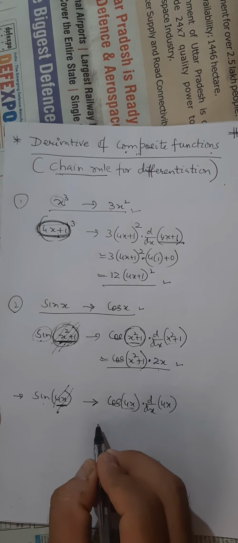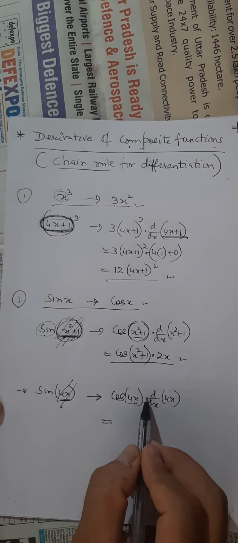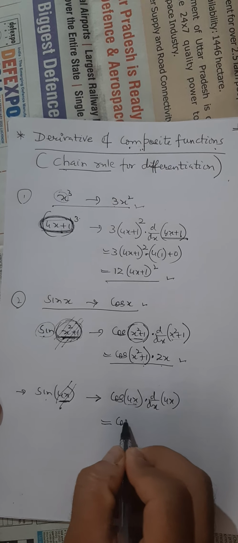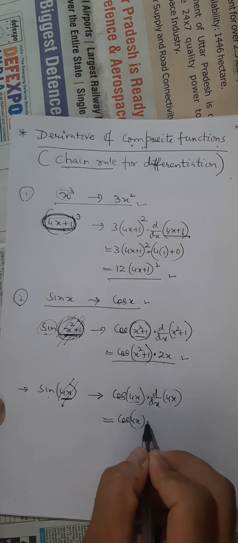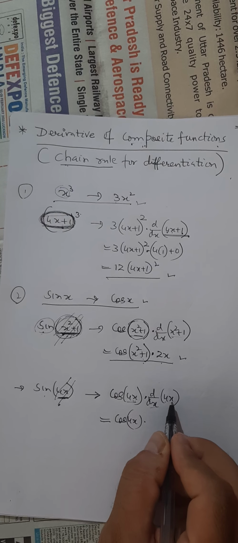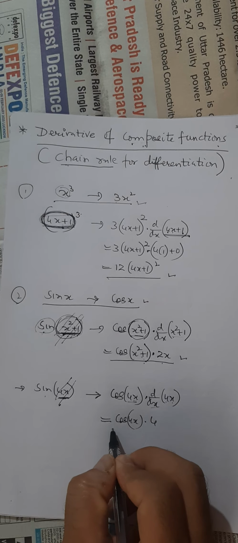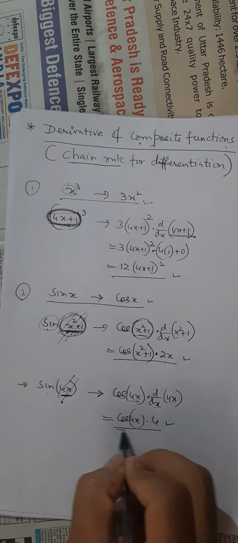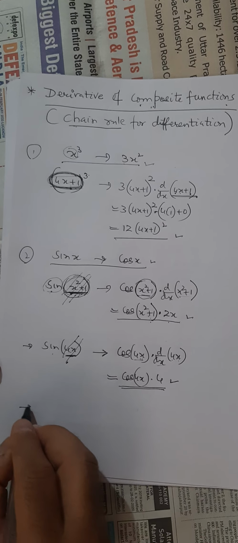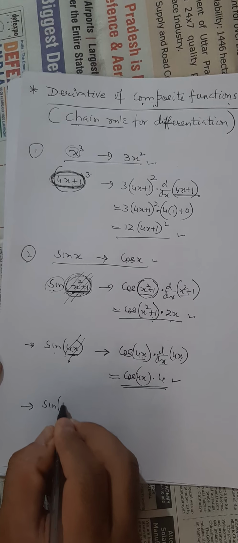This is called chain rule. Chain rule says that always you write the derivative of the considered function. Now cosine 4x as it is, you know what's the derivative of 4x? 4 being constant as it is, the derivative of x with respect to x is 1, so the final answer is 4 into cos 4x. Suppose I may have sine of 10x.